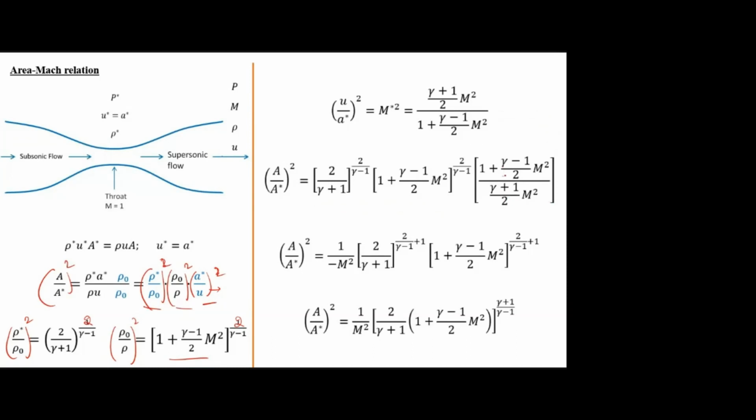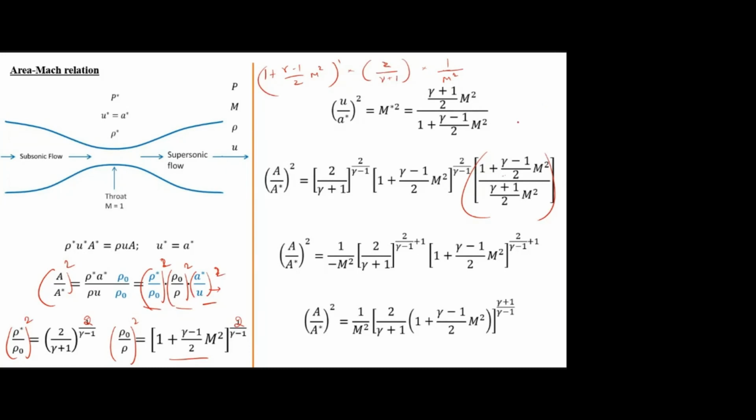So this term, how I can write it: 1 plus gamma minus 1 by 2 M square, power 1, into 2 divided by gamma plus 1, into 1 by M square. Is that correct?